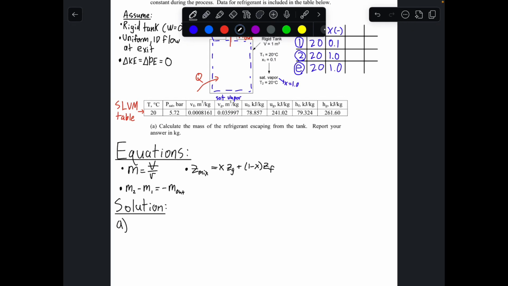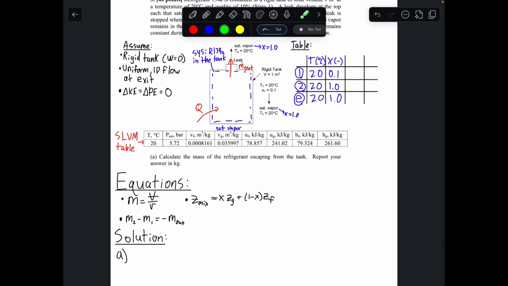So first of all, we can use this, like we said, to find specific volume at states 1 and 2, and then we can use that to find the mass. But at state 2, we have a quality of 1.0, and whenever we have a quality of 1, then this term here goes away, and so we just have our V mix is going to be equal to our VG, which we're given here in our table.